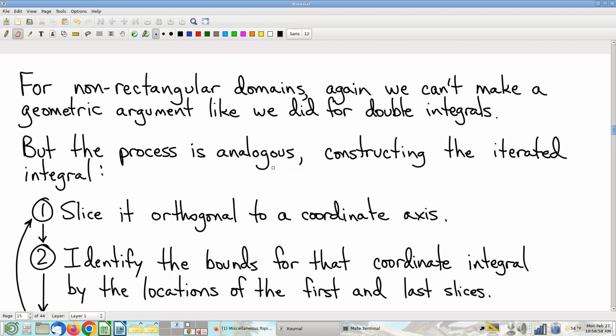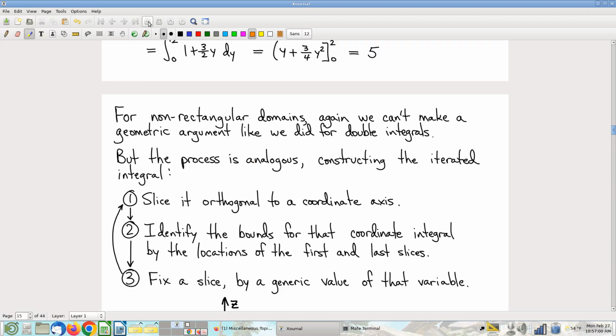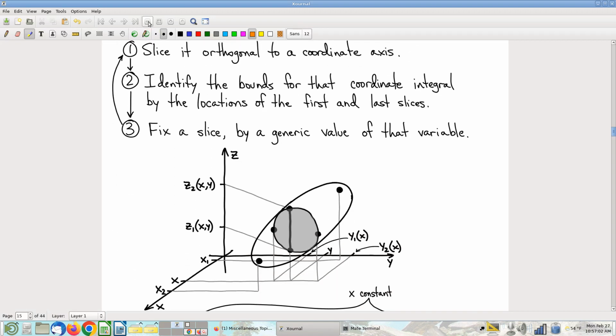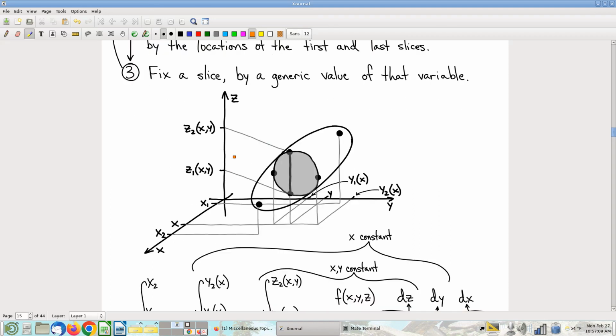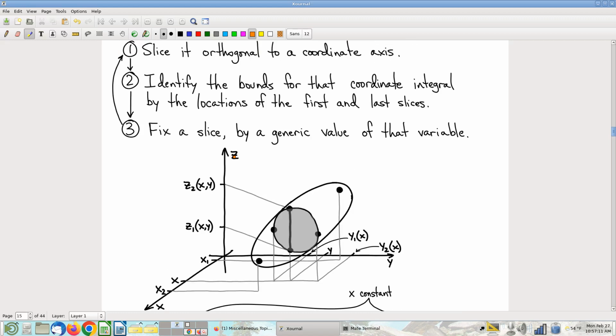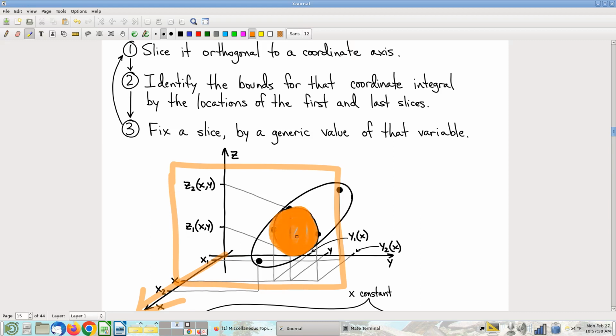But anyway, that process that you'll recall from double integrals is that we always start off having chosen a direction in which to do our slicing at first. It looks like I'm doing x. And of course, slices in the x direction means we slice by constant values of that variable, and an x slice would be something like this.